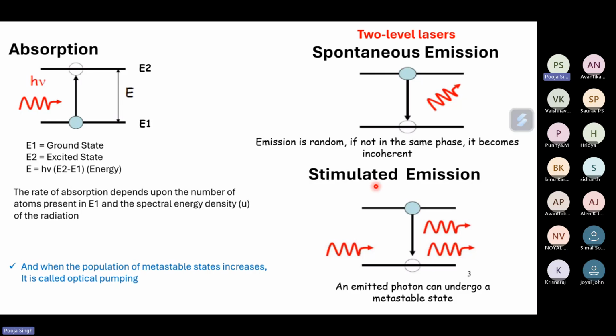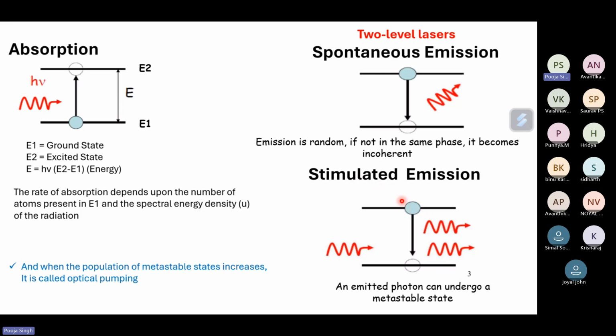But when we talk about stimulated emission, what happens? Same procedure: we applied a photon in the ground state, and the electron went to the excited state. Now this electron we again excite externally, so that it can undergo the transition to the ground state, and once it comes to the ground state, it will release a photon.